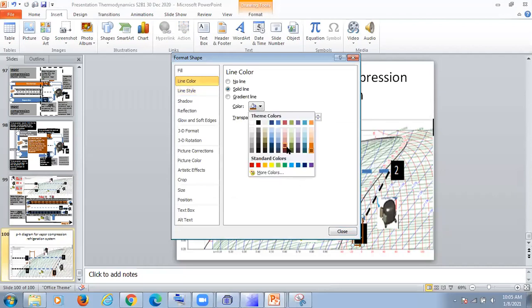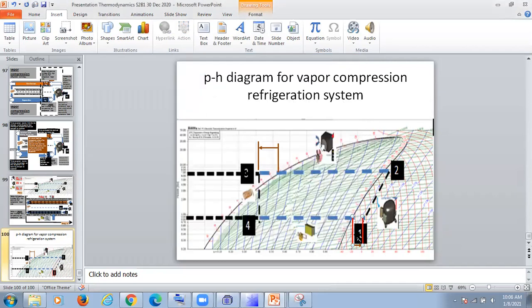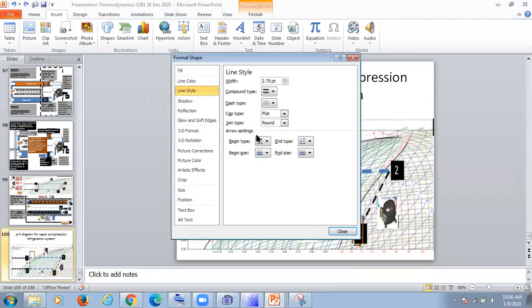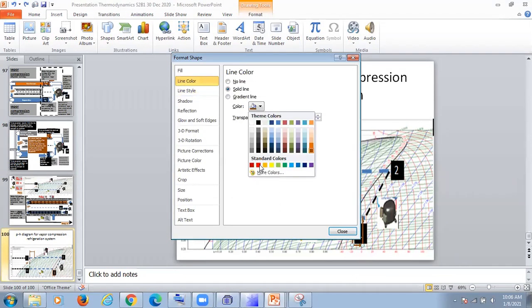Line color. Sorry, not very good. No, that is quite good.